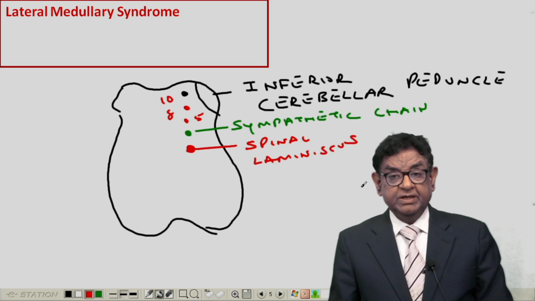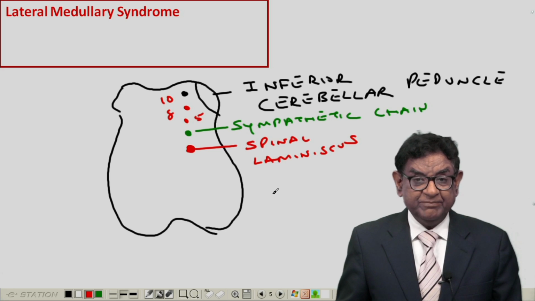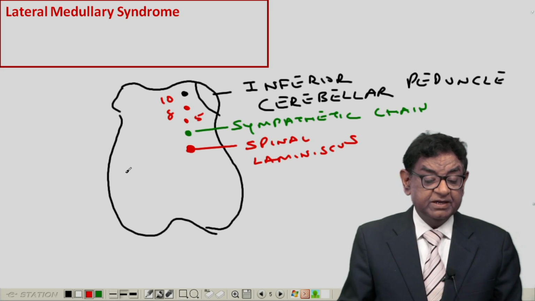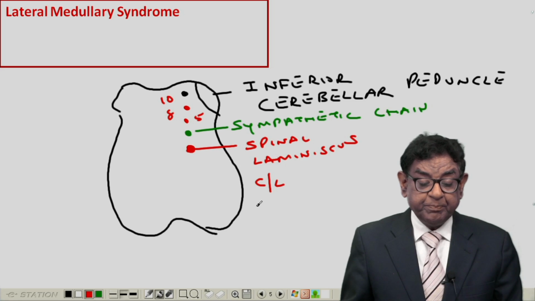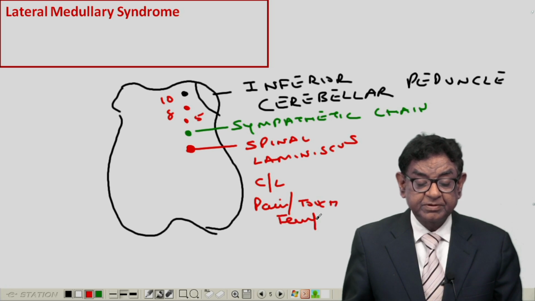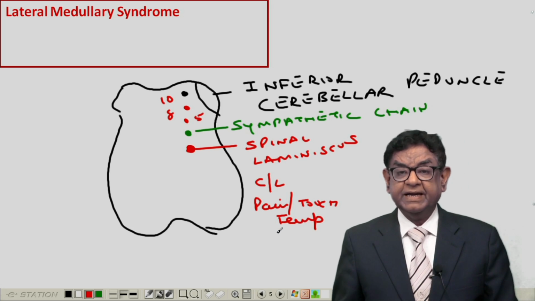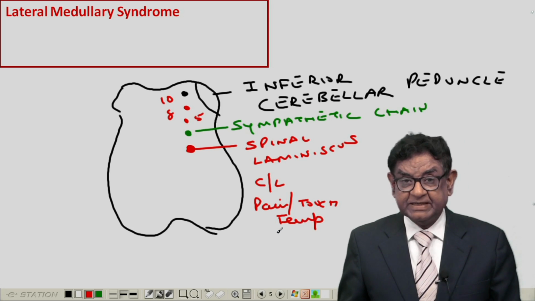Okay. What does this fiber carry? The spinal lemniscus contains contralateral pain, touch, temperature. Or I can give a better simple example.